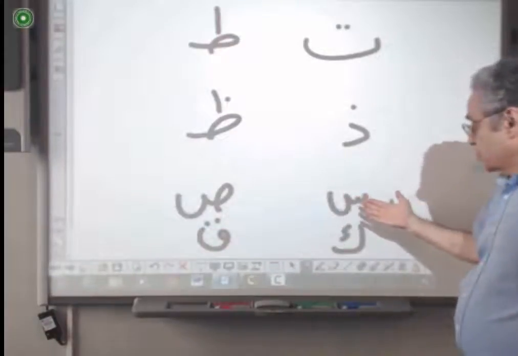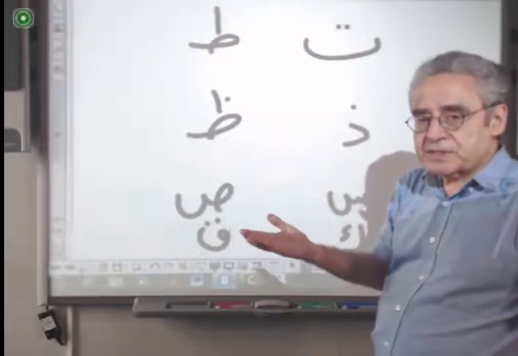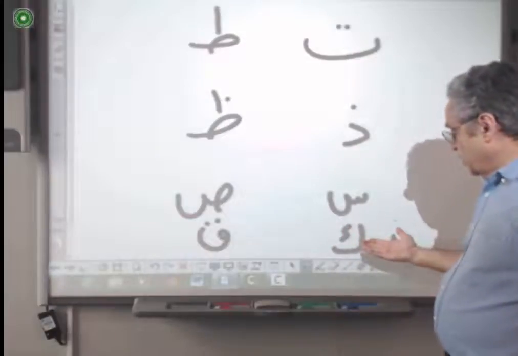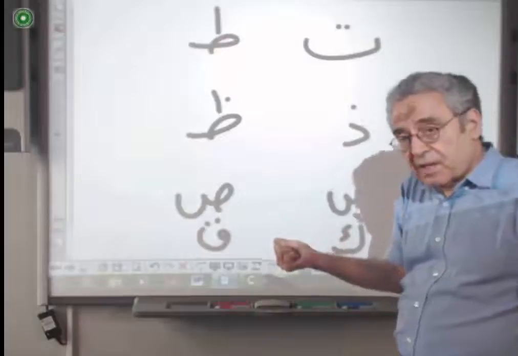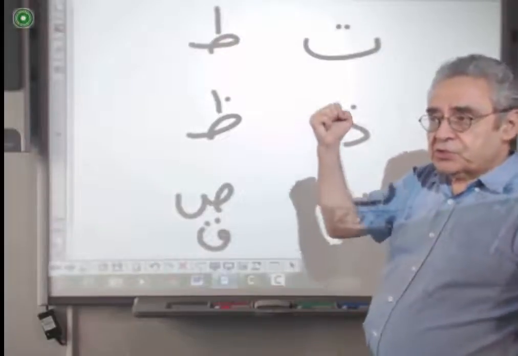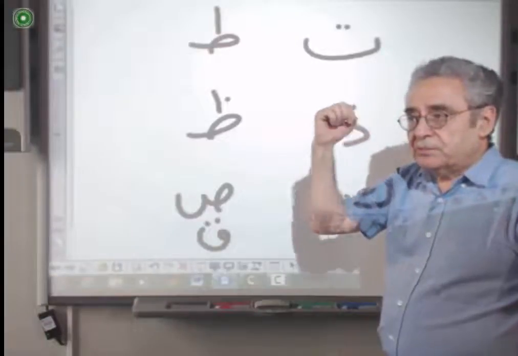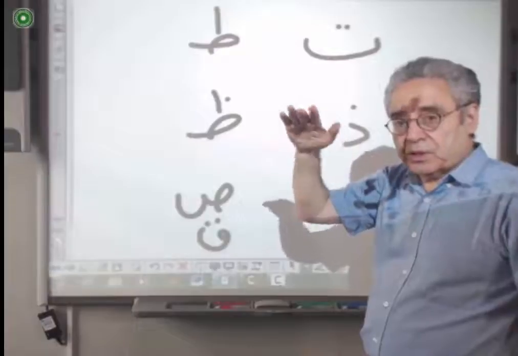Maybe you can take the next one. Sin, sad, sin, sad. Next one, kaf, flat, then qaf, because you push your tongue to meet the upper palate of the mouth.